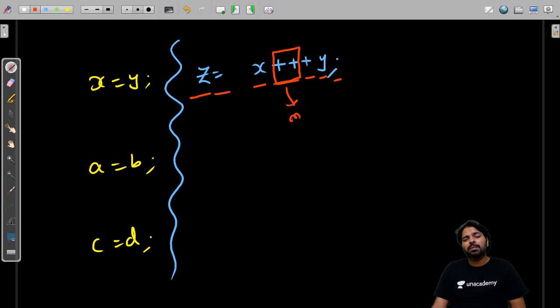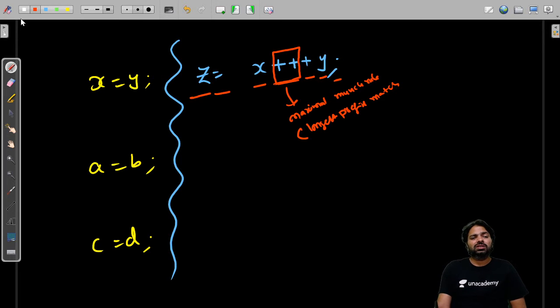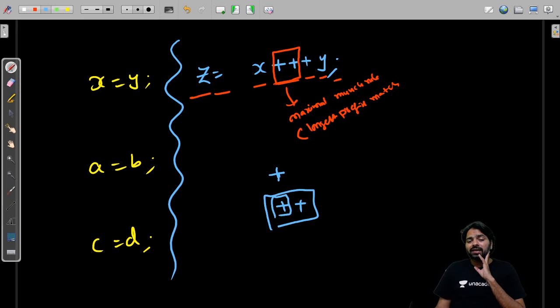It uses the maximal munch rule, also called longest prefix match. Here single plus is valid and double plus is valid. Which one will have the longest prefix? Single plus is valid, double plus is valid, then we will consider the longest.